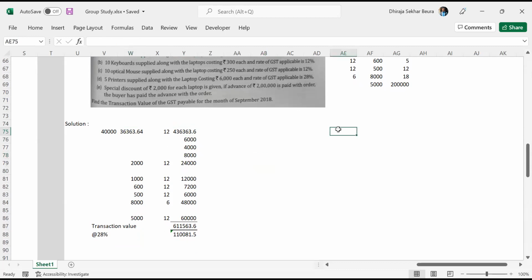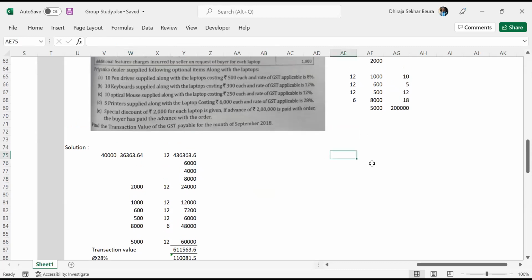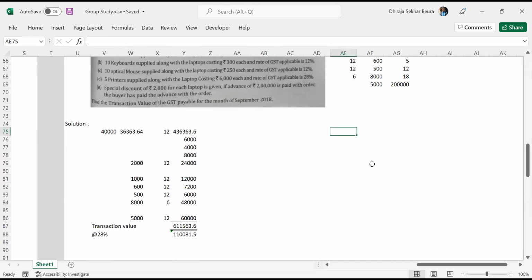If you remember what I told, wherever you have this concept of gross calculation, reciprocal calculation, what you need to do is take the amount that is provided, the final amount, divided by 1 plus the rate. Here the amount is how much? 40,000.